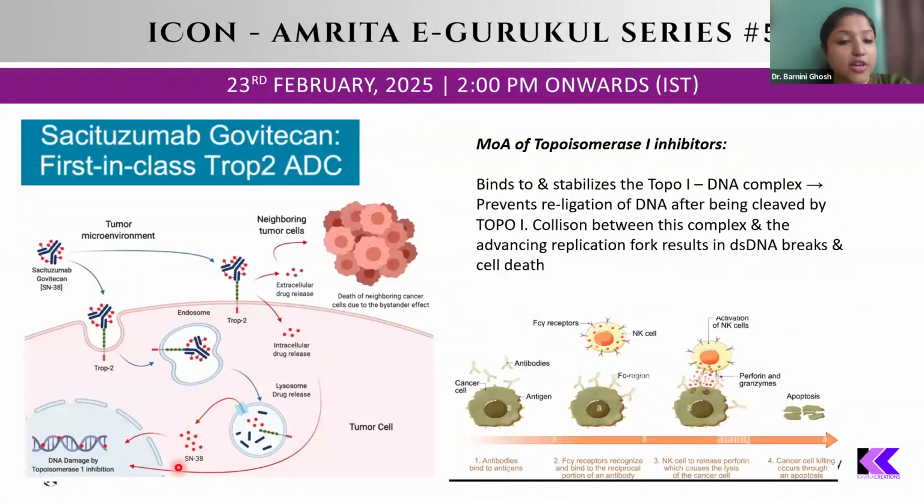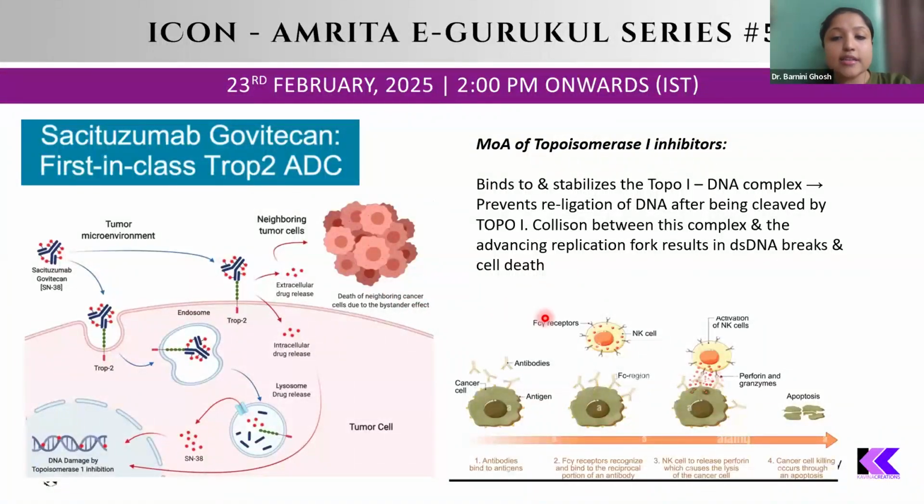In case of this drug, the active component of the cytotoxic payload is SN38, which is a topoisomerase 1 inhibitor. And then this drug causes DNA damage. The extracellular drug release also occurs, which leads to penetration of the drug into the neighboring cells and also causes death of the neighboring cells, even if they do not express the TROP2 receptors. So this is called the bystander effect.